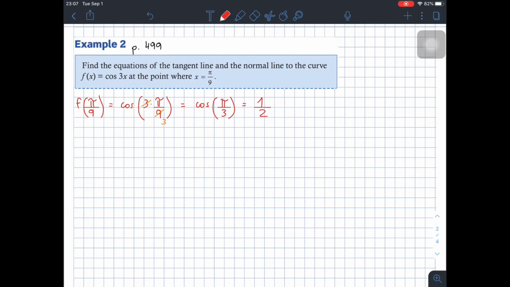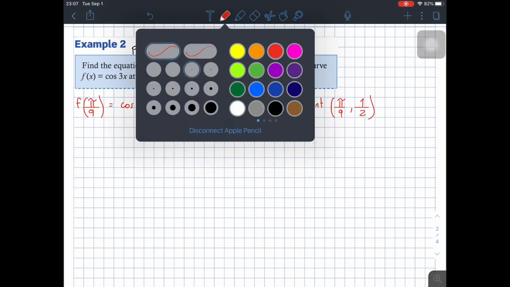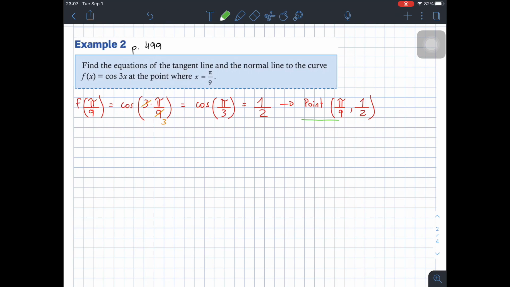So that means that the known point has coordinates: in x, it's pi over 9, and in y, it's this value over here, which is 1/2. Okay, so this is the first important piece of information that we can get from the exercise, okay?